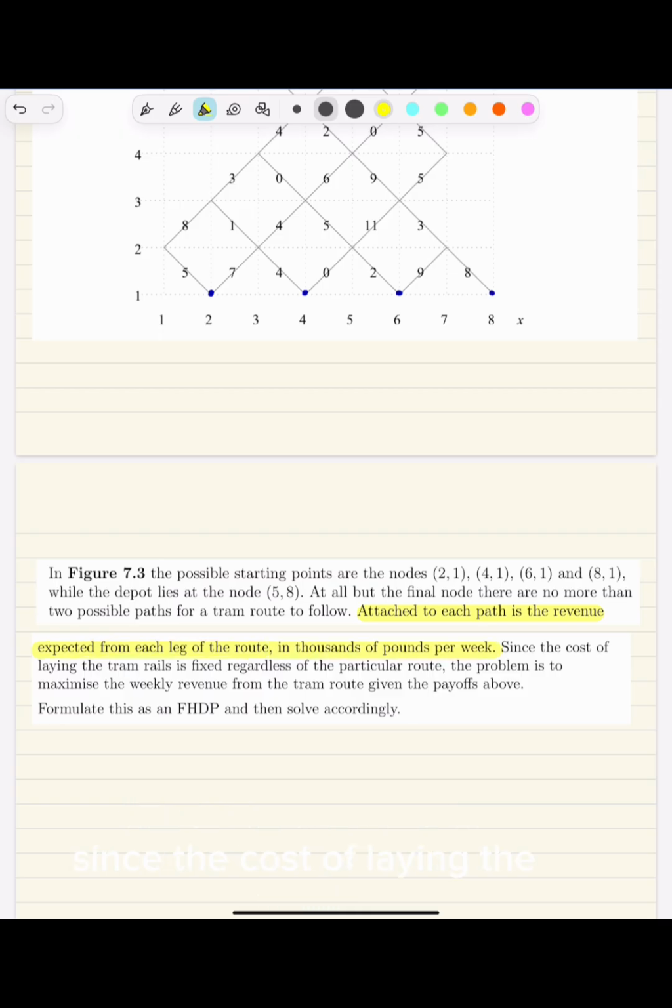Since the cost of laying the tram rails is fixed regardless of the particular route, the problem is to maximize the weekly revenue from the tram route given the payoffs above. Okay, so our objective is to maximize the revenue. You could get a similar question in which you'll have to minimize the total costs. Okay, and the procedure that you will have to follow is going to be exactly the same.